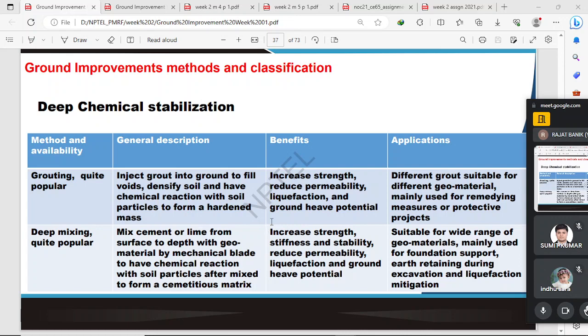In both cases, we inject the grout or chemicals into the ground with machines like probes, and it takes some time to react with the soil and harden it. In both cases, we increase the strength, reduce the permeability, and also reduce the ground heave.